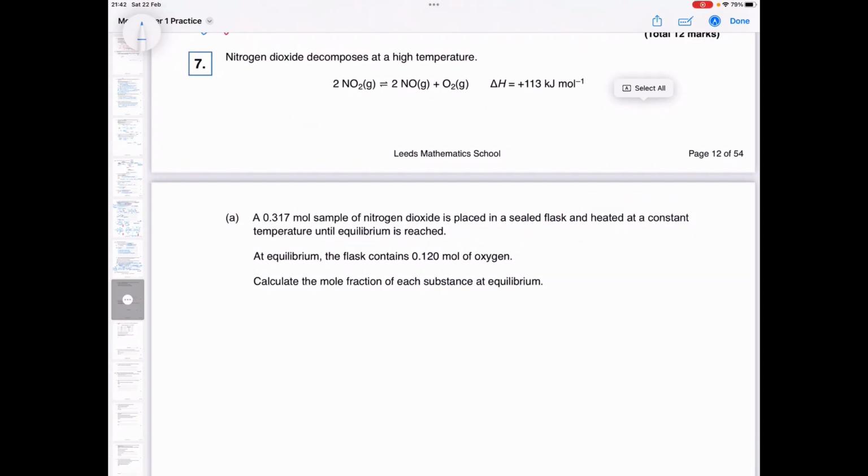Okay, looking at question 7, we've got an equilibrium question about the decomposition of nitrogen dioxide into NO and O2. It's an endothermic reaction. Let's have a look at the first part.